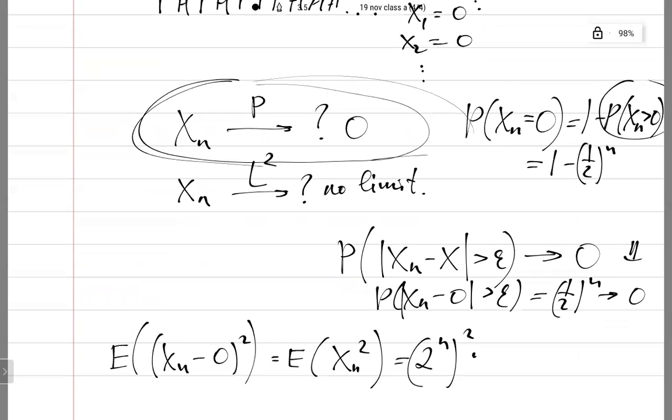The probability of n heads in a row is 1 over 2 to the n, so it will be 2 to the power n, and it tends to infinity. So at least 0 is not a limit, and we may prove that there is no limit in the L2 sense.